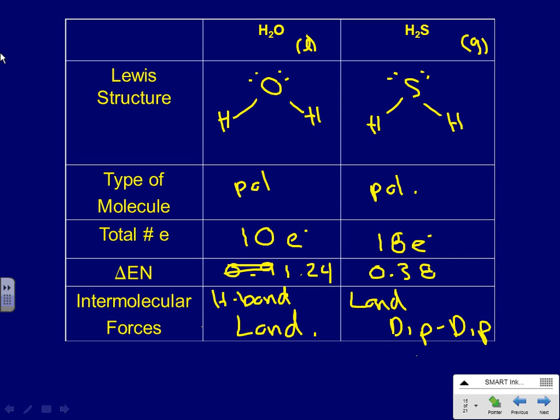It has to be O bonded to H. It's the thing the H is bonded to that determines whether it's H bonding. It's not the H. It's the fact that the H is bonded to an oxygen, which makes this thing really big, which makes it H bonding.